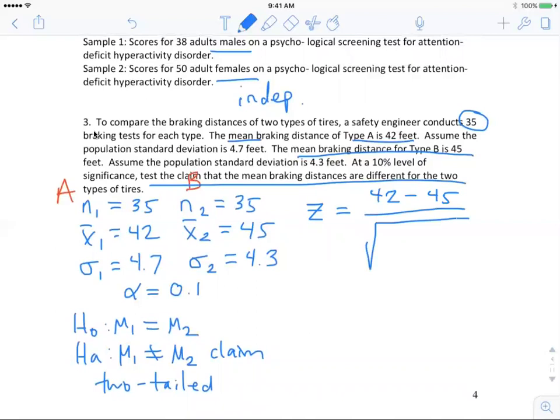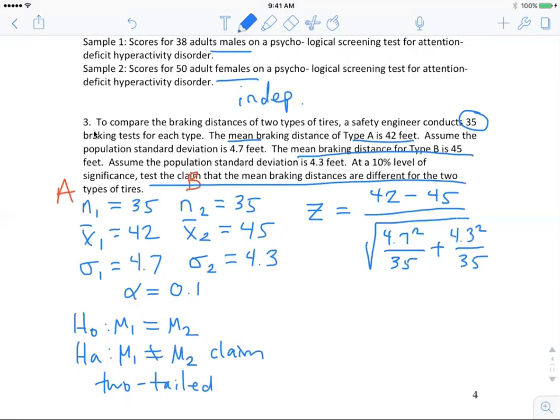Up top is sigma sub 1 squared, 4.7 squared, divided by n sub 1, which is 35. And then within the square root, I've got the other one, 4.3 squared, that's sigma sub 2 squared, divided by n sub 2, which turns out to also be 35. So that's plugging in the numbers to the formula, and that will give you the z-score.